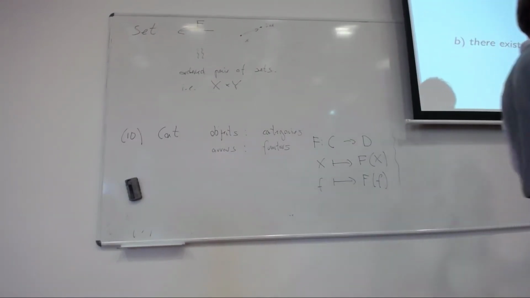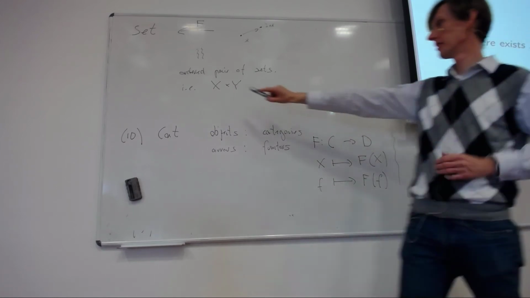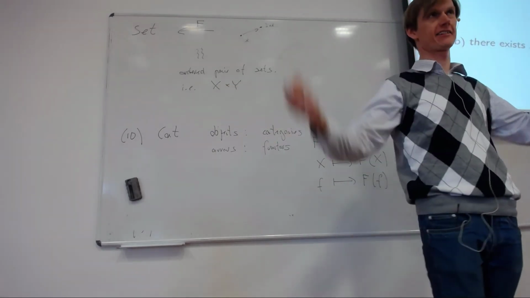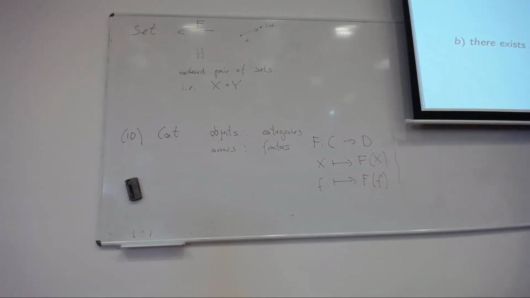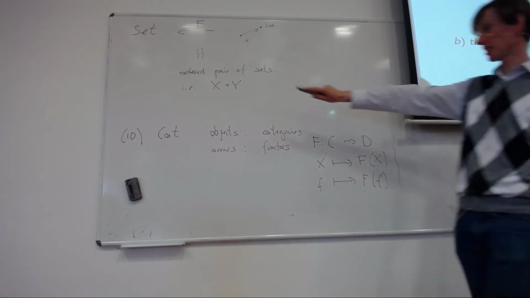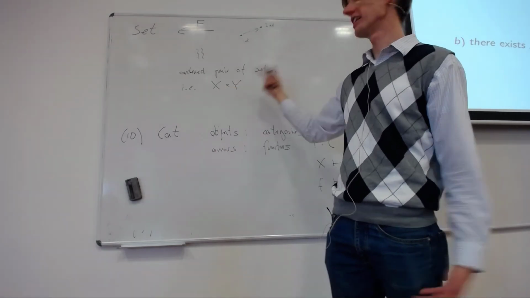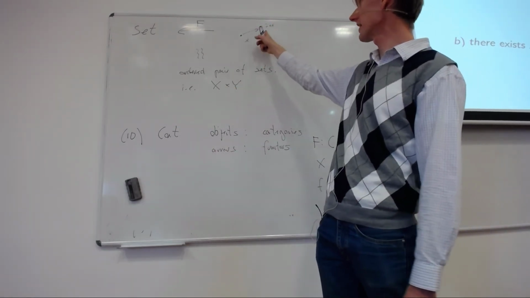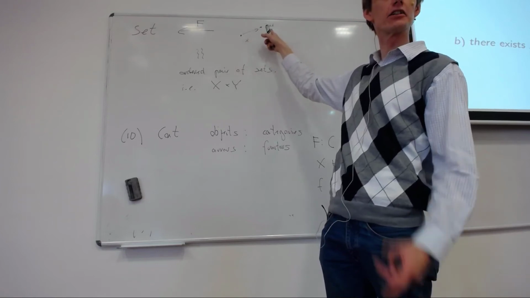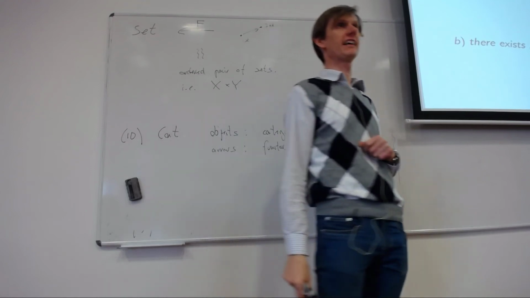So from today, just don't think about binary products as ordered pairs of elements. An ordered pair of sets, or really a binary product of sets, is really nothing else but a functor from the index category consisting of two elements to the category of sets.